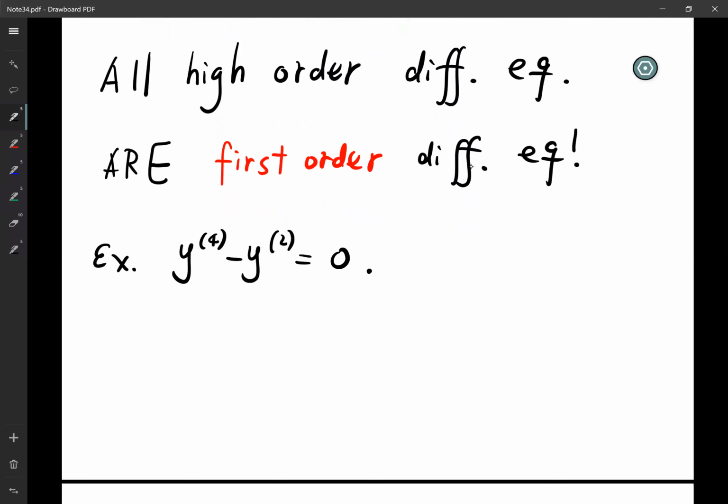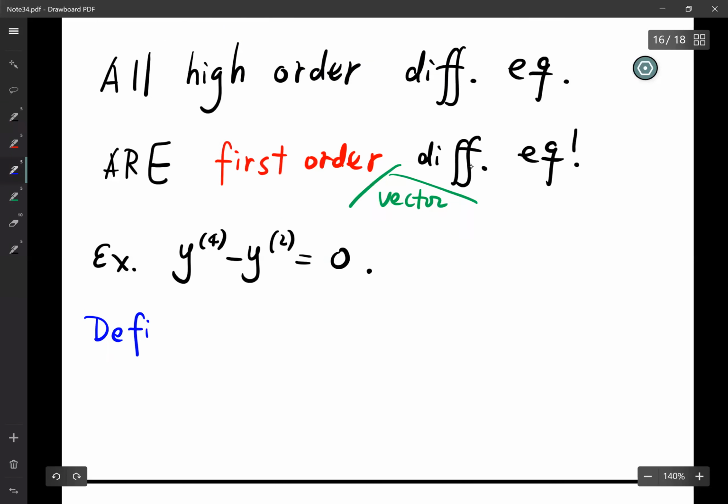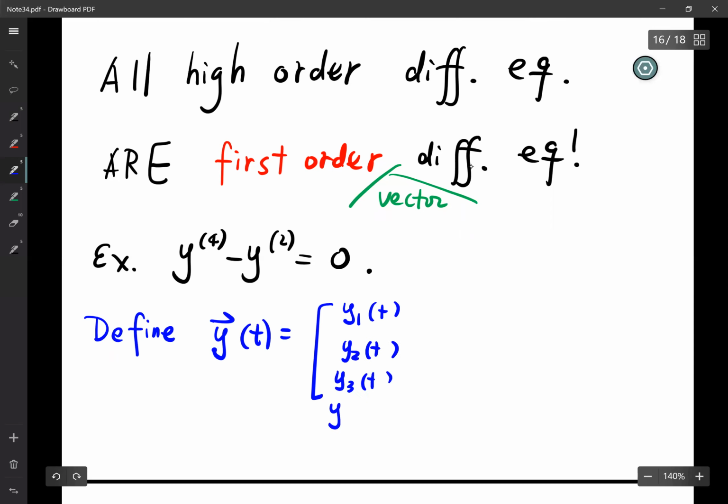They are not first order scalar differential equations, but they are vector differential equations. So I define the vector y(t) to be the following: y1(t), y2(t), y3(t), y4(t).